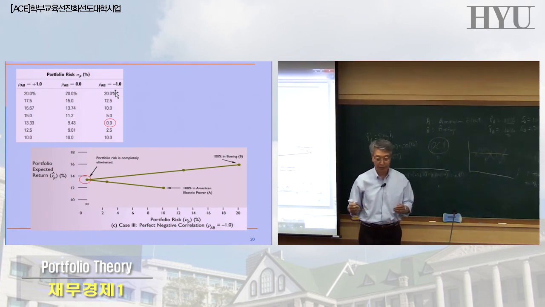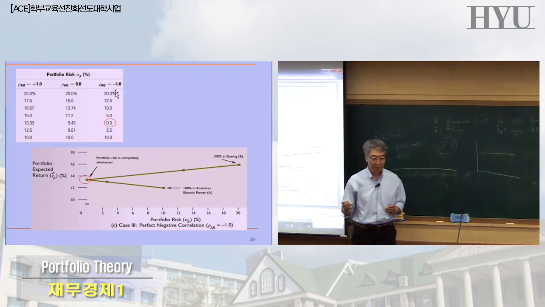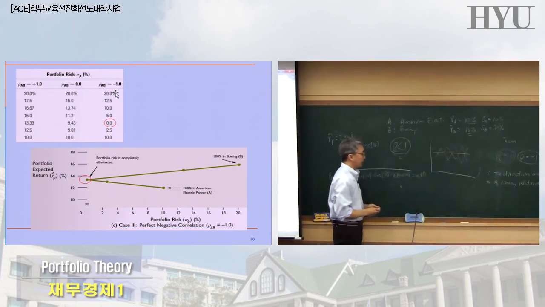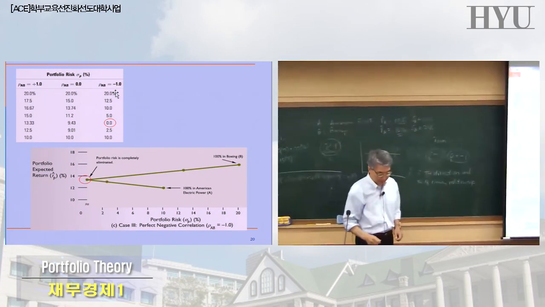You might as well put all your money in one stock. So there's no point in dividing your money between A and B. But as long as they don't have perfect positive correlation, portfolio can reduce the risk. That's the idea.